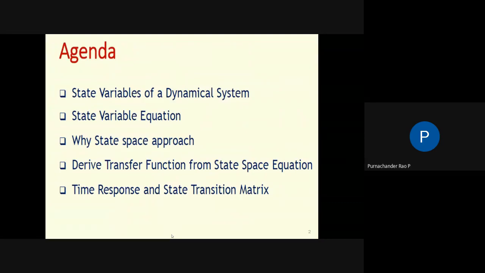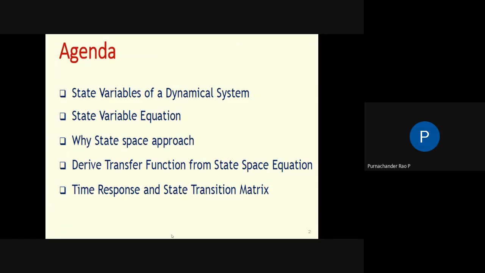So what is a state variable equation? Why do we need to go for the state space approach? By using a transfer function or differential equations, or from the mathematical or physical parameters, we represent our system in the form of a state variable equation format.